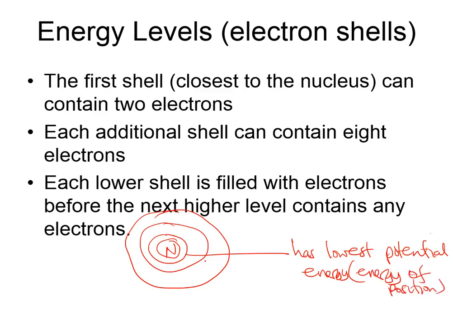So the shell inside, close to the nucleus, has the lowest potential energy, while this one has the highest potential energy. That's why we call these shells energy levels, because they are shells of energy.